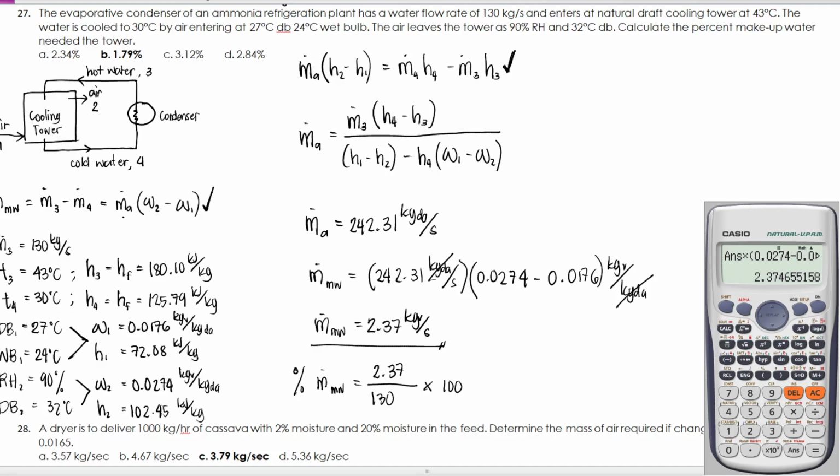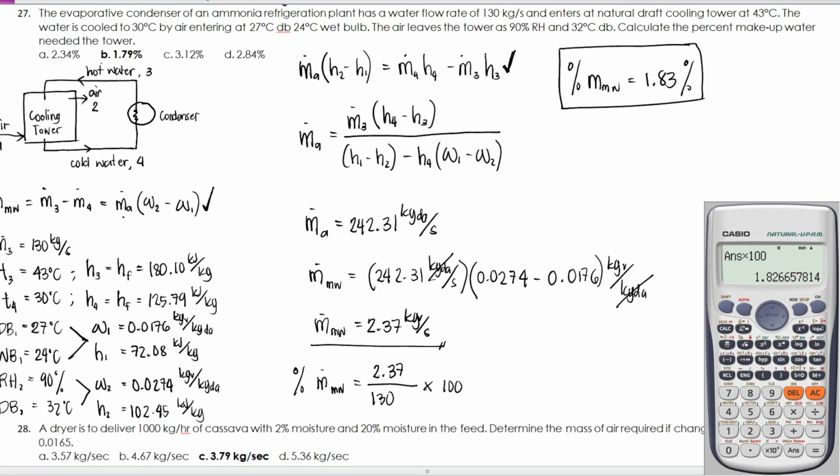So, 2.37 divide lang natin ng 130. Alright? Then, multiply lang natin to 100 para maging percentage. So, this is 1.83. So, percentage of makeup water is 1.83%.